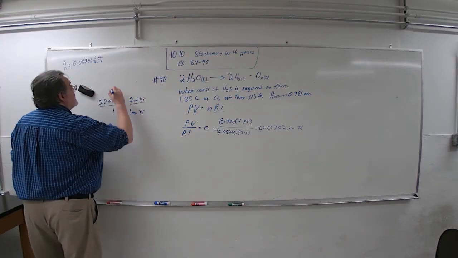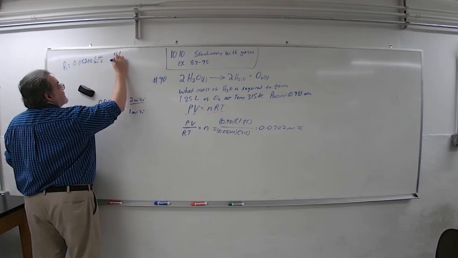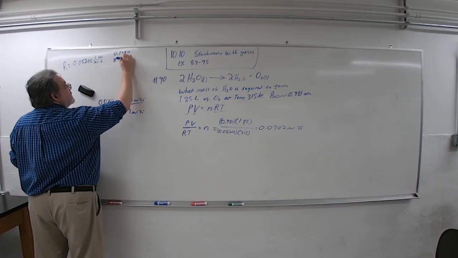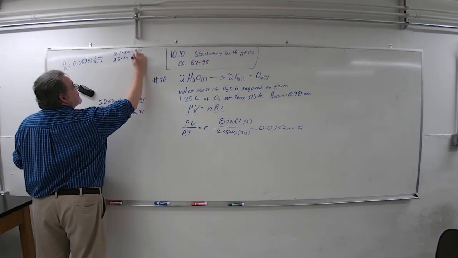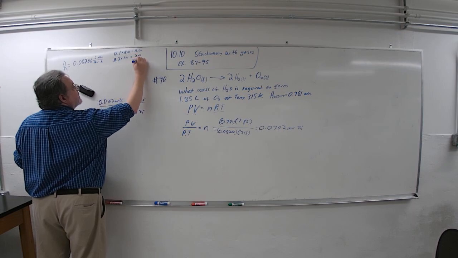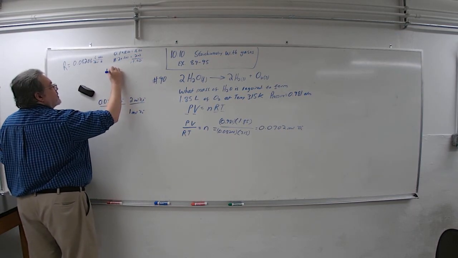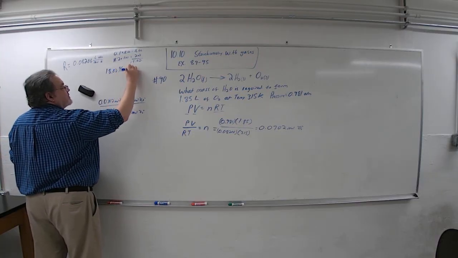For the gas we need, oxygen has one of them, hydrogen has two. Then 18.02 grams per mole for H2O.